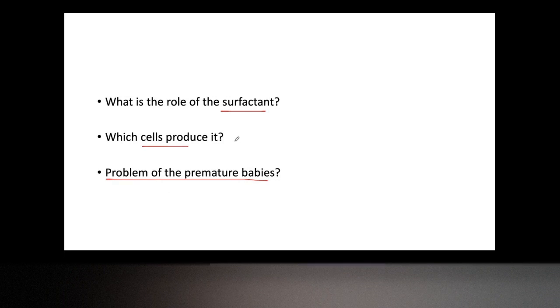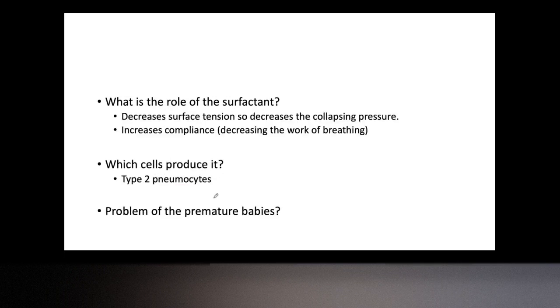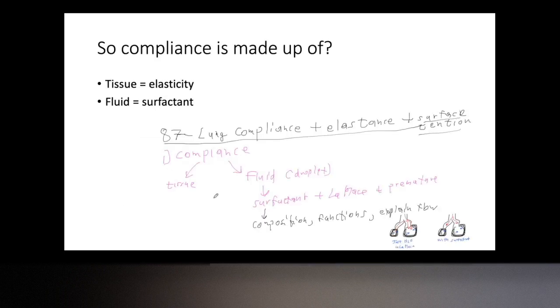The type 2 alveolocytes. And because they produce surfactant only after about the 27th or 28th week, premature babies don't have it yet. So what happens to the babies? Their lungs will collapse, the alveoli will collapse. Yes, correct. This is what happens.